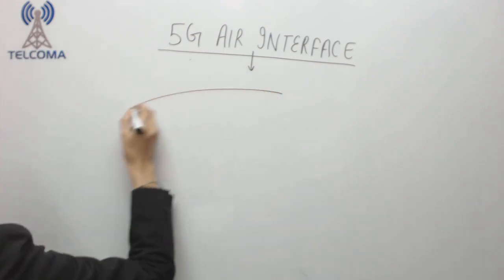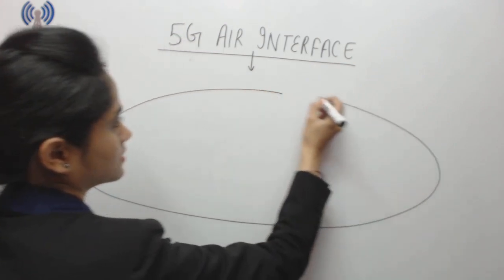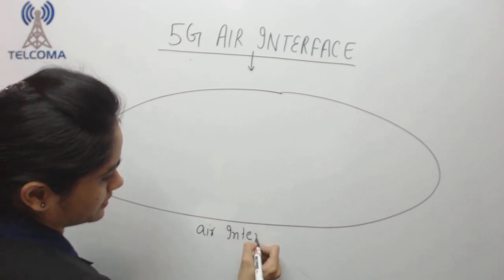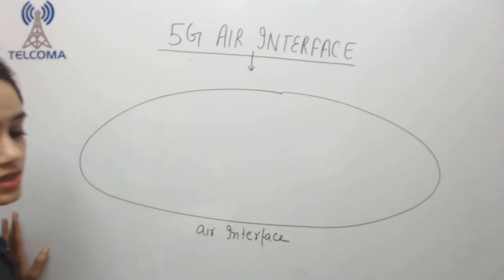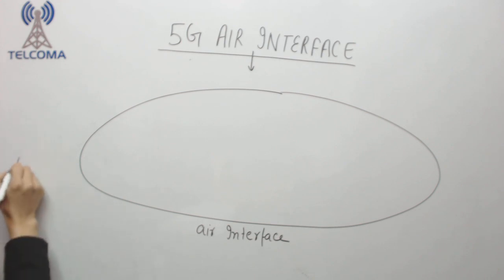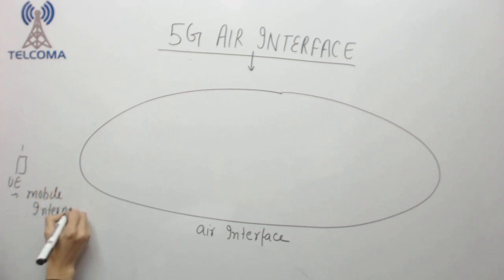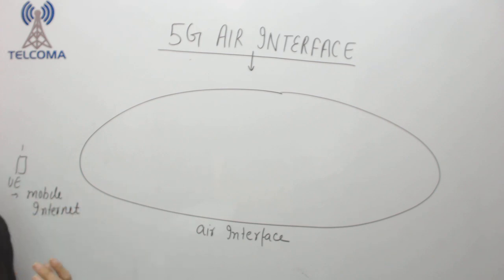Now, suppose this is my air interface. Here we have user equipment, and this user equipment has mobile internet.